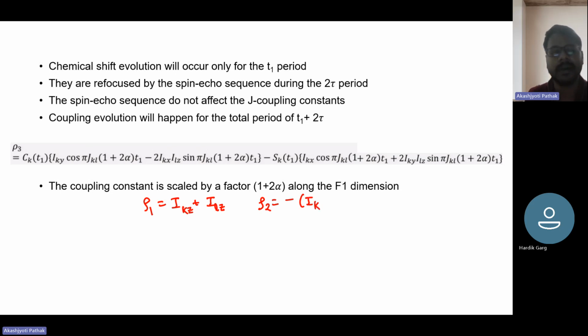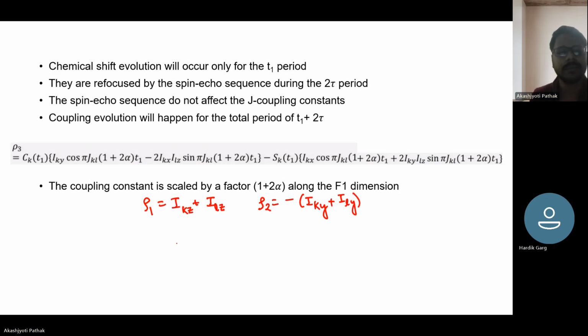This was oriented along the Z axis, and it will now be oriented along the Y axis, because after applying the 90-degree pulse in the X direction, the Z magnetization shifts to the Y axis, and similarly for the L spin.